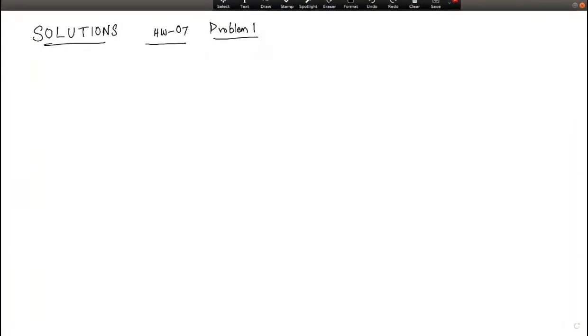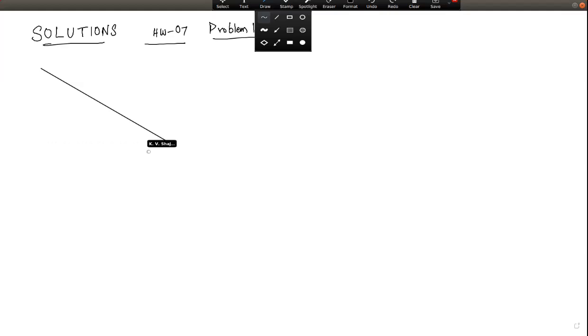Problem 1 talks about a mass that is sliding on a frictionless incline. Let me draw the incline. And that's angle theta, and it's given to be equal to 30 degrees.